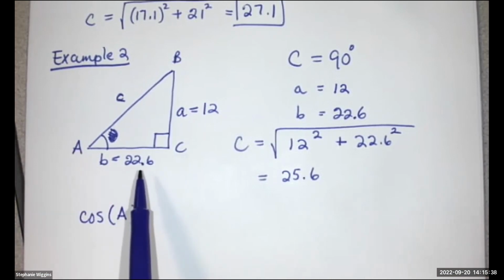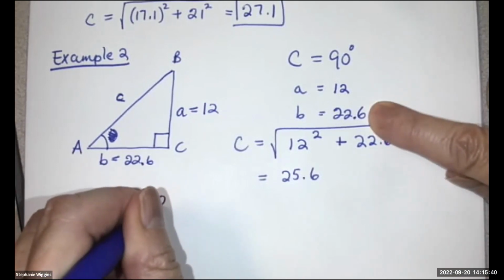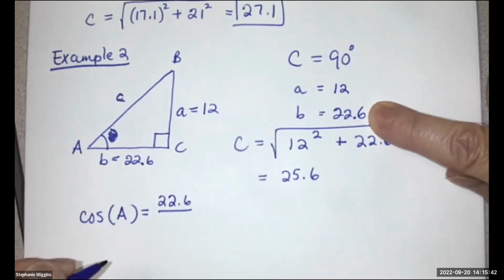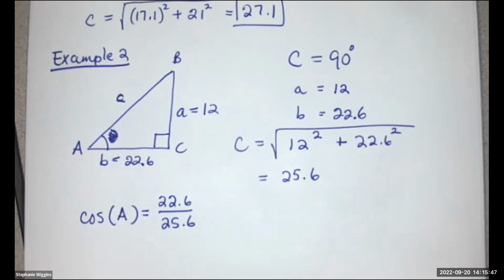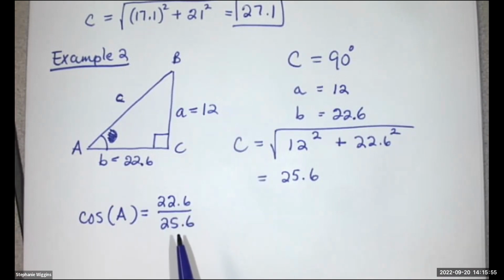Here's my adjacent, 22.6. And I found my hypotenuse was 25.6. So I take what I know, plug it into my equation. The cosine of my angle A is 22.6 over 25.6.